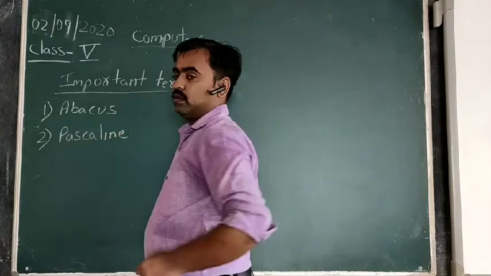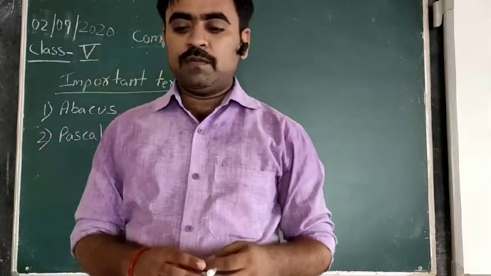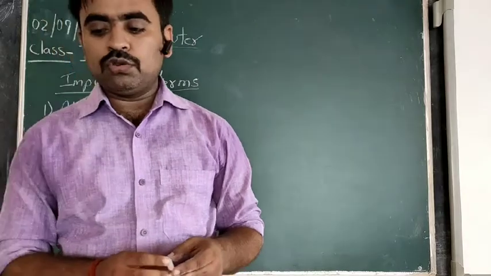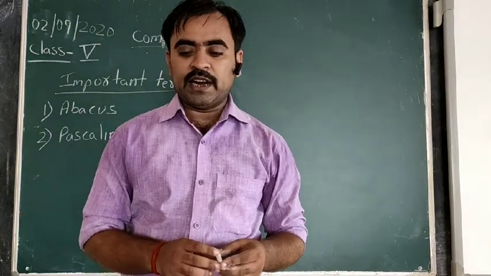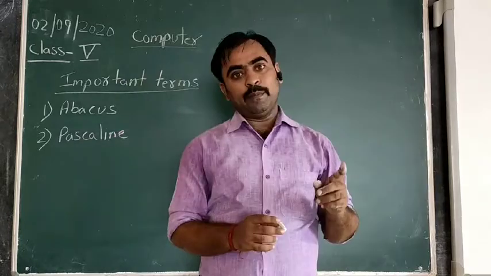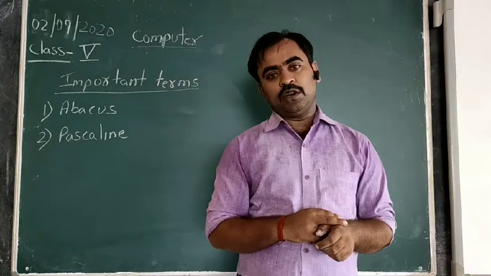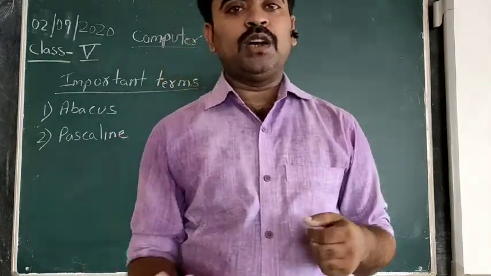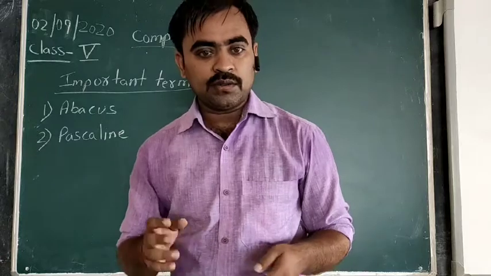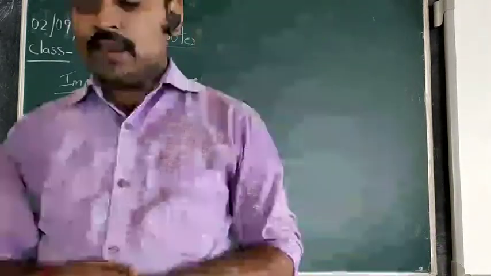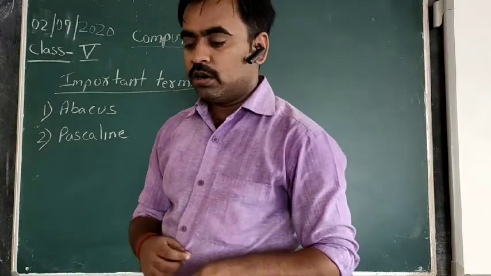The Pascaline was developed by Blaise Pascal and was used to do addition and subtraction, but it is not meant for performing tasks like multiplication and division. Then the next one is Jacquard Loom.